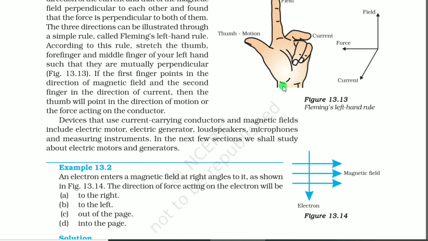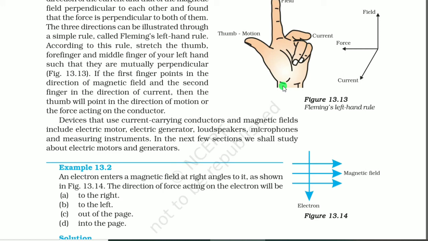Then what you have to do, keeping this index finger direction intact, you have to rotate your hand, you have to rotate your finger. Which finger? You have to rotate your middle finger in such a way that it indicates the current direction. Then you have to just rotate, keeping the index finger intact, that is from left to right.